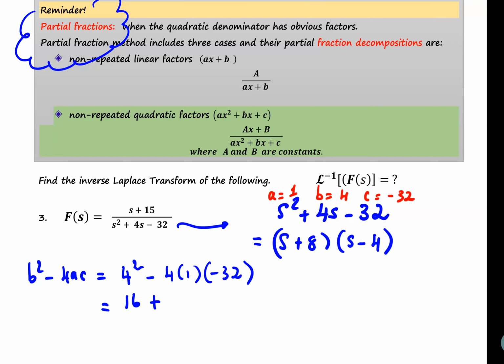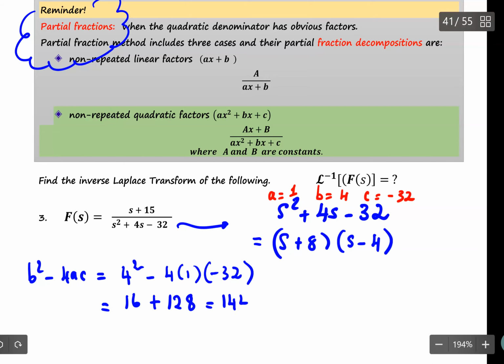So let us check that. Actually, 16 plus 128. Okay, so 128. Obviously, this is greater than 0. It is equal to 144. So it's greater than 0 and is also a perfect square.